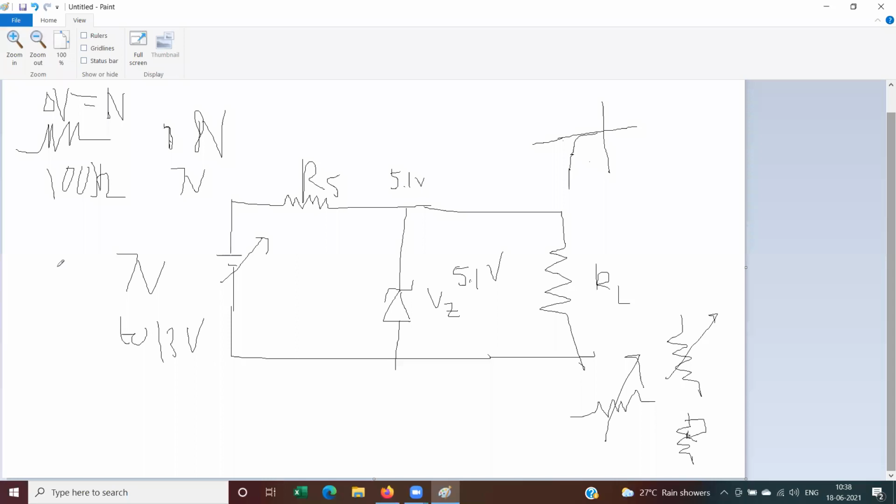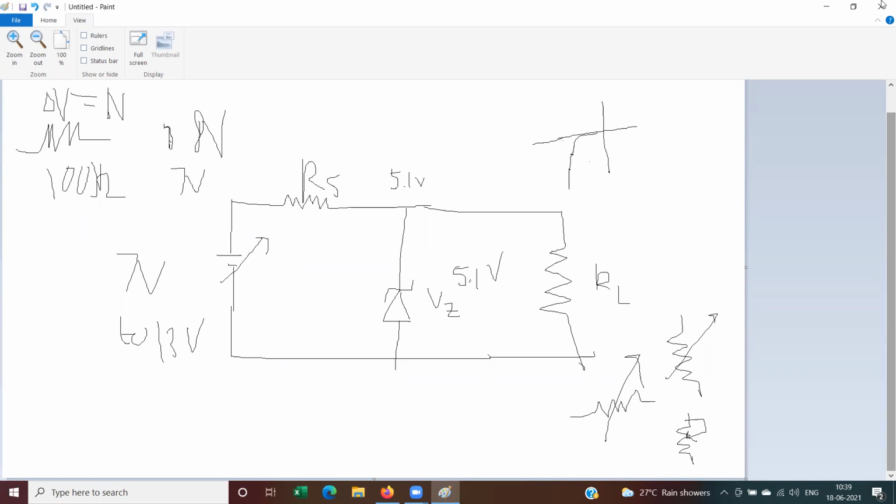Now the voltage drop becomes 2 volts. Then what is the current? 2 by 100. So the current is increasing. Are you with me?